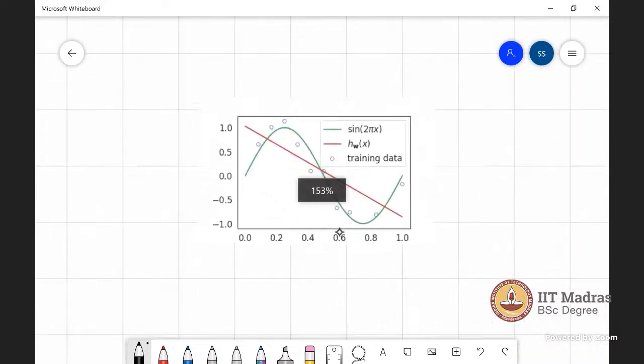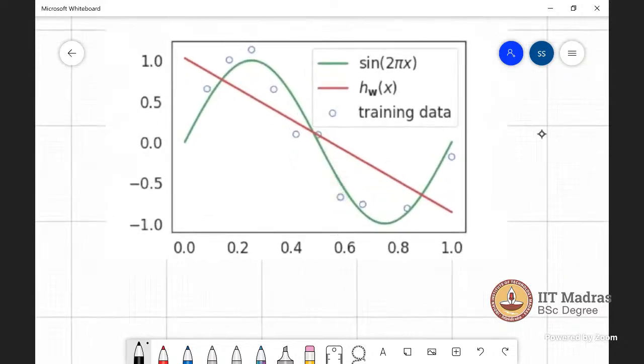Okay, so this is our data set. And it just happens that your validation set turns out to be these two points, or this one also possibly, or this one, which are closer to your model. In situations like this, you will have higher training loss and lower validation loss.